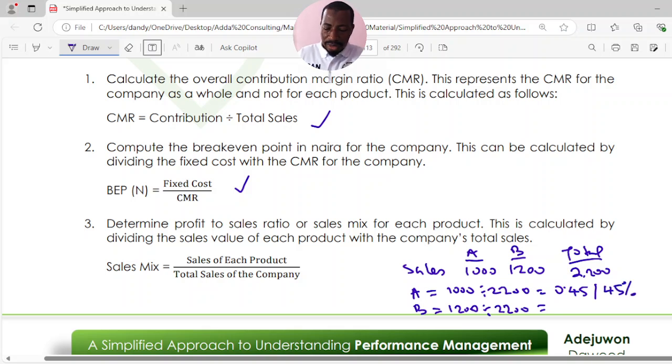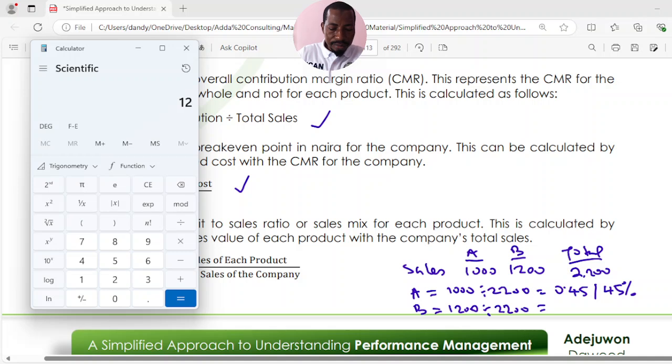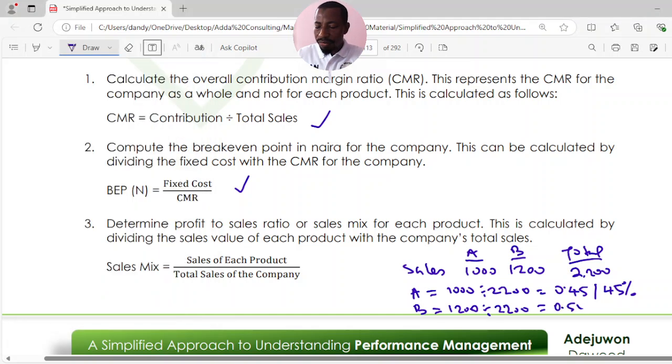Then 1,200 divided by 2,200, that's 0.55, which is the same thing as 55%. So this is how to calculate sales mix. Sales mix is just the sales value of each product divided by the total sales of the organization.